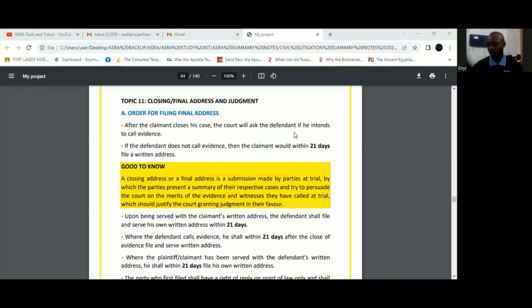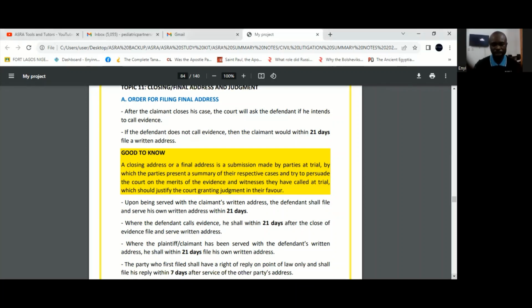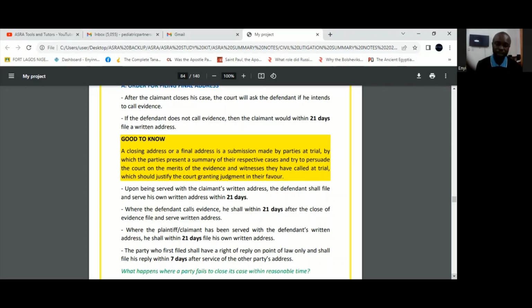And after the other party files their own final address, the first party to file will have a right of reply on points of law only. So now, if at the trial, after the claimant makes his case, the defendant now also opens his own defense, then within 21 days of the defendant closing his evidence, the defendant would file final address.